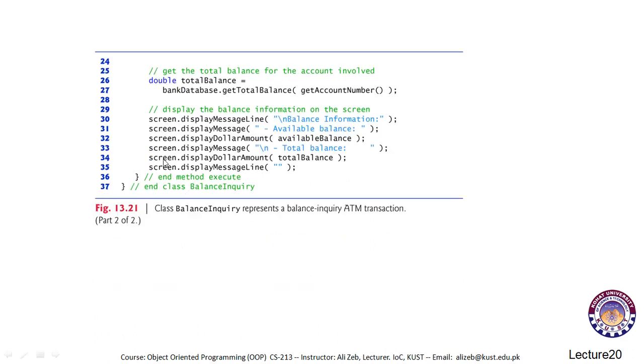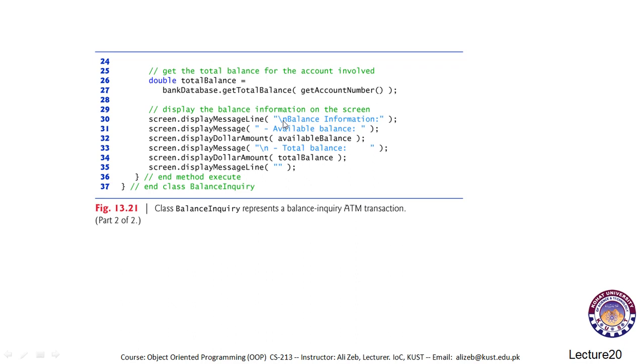And then it calls the Screen class's methods to display all of the details on the screen. As you can see, we have different methods for displaying different kinds of detail on the screen, and all of those methods are being used over here.